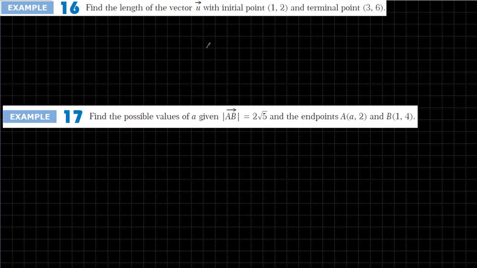Here, this exercise is for the length of the vector with an initial point and a terminal point. This is not a position vector, and we are going to use the formula that I told you before. I'm going to rewrite the formula again here.